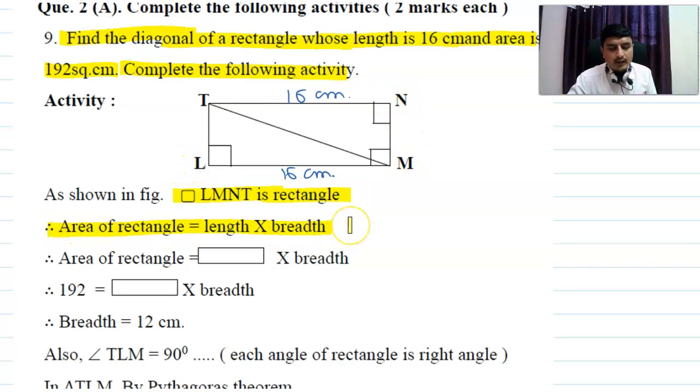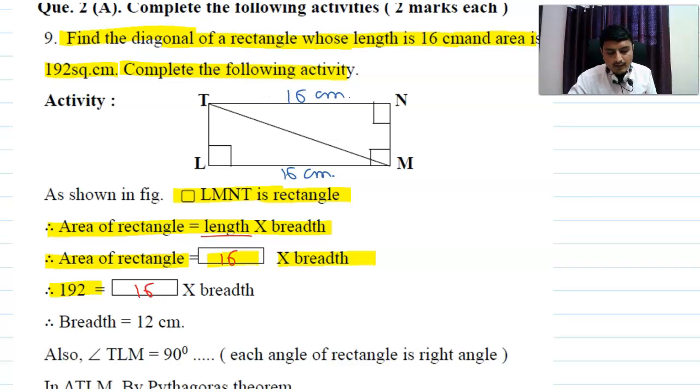Area of rectangle is length into breadth. The length of the rectangle is 16 centimeter, so the area is 16 into the breadth.